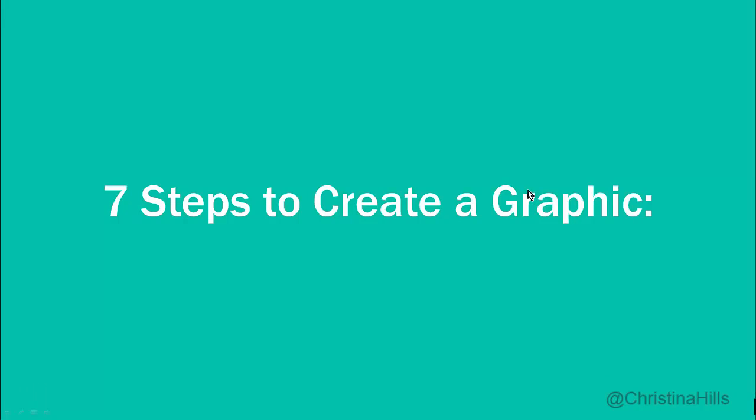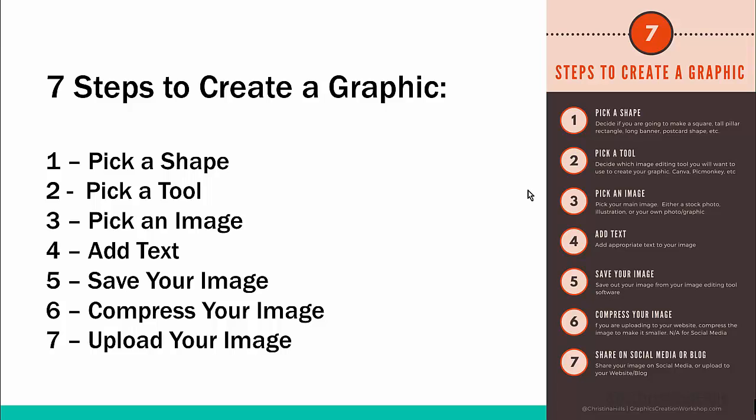All right, so let me dive in now to the 7 steps to create a graphic. So I'm going to sort of walk you through my process. First, these are the 7 steps, and I made an infographic that goes along with these 7 steps. And I'll go through each step as well. So first you're going to pick a shape. Then you're going to pick a tool.